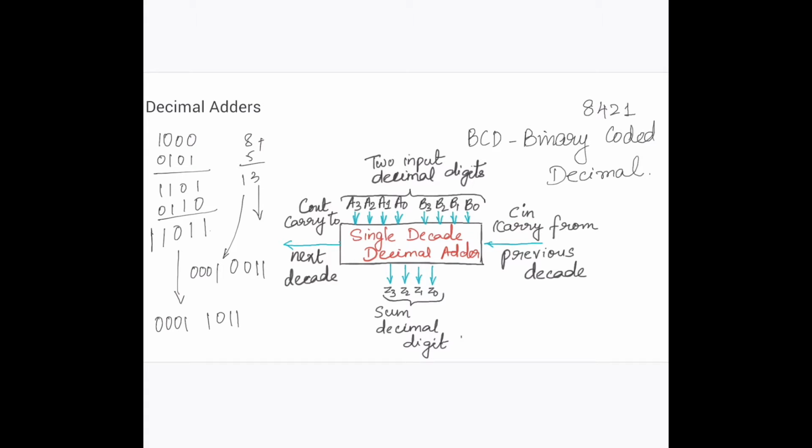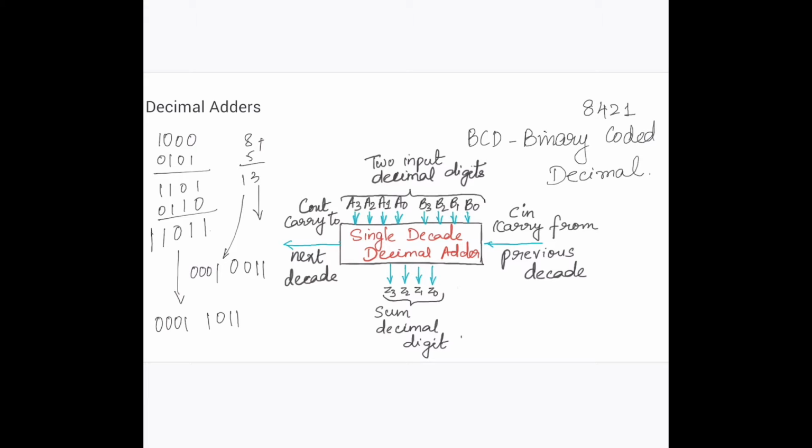The output from the adder gives some decimal digits shown as Z0, Z1, Z2, Z3, and the carry out obtained, which is shown as C out. So this is the general block diagram of the single decade decimal adder.